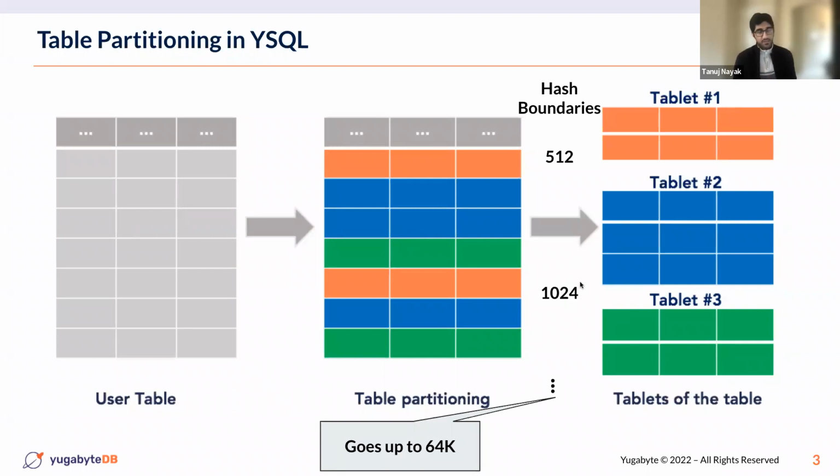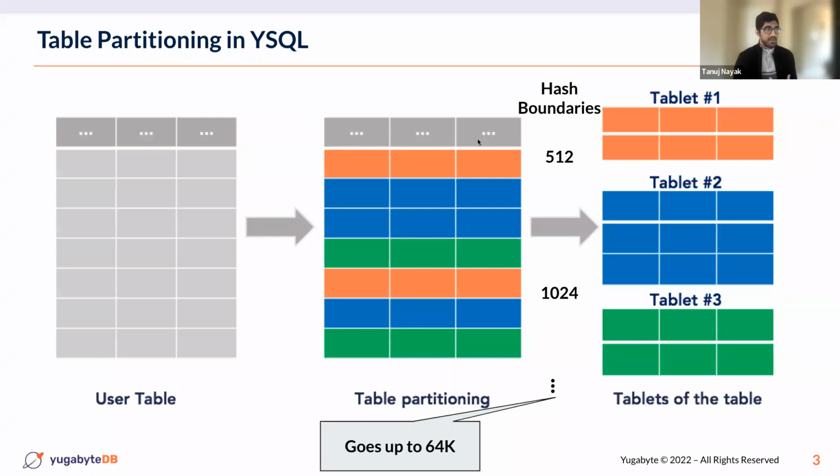The default way this happens right now in YSQL is we assign a particular value to each row. These values are called hash values, and they are essentially integers that run from 0 to 64K. They tell you where a particular row will be designated in your space of tablets.